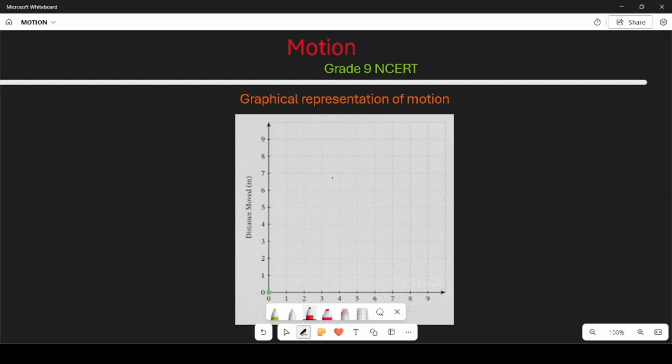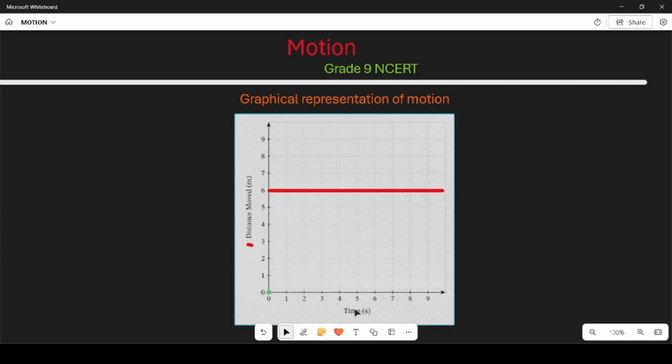So when an object is at rest, you can draw a horizontal line which is parallel to the time at any given point on the y-axis, which is the distance moved in meters, or you can keep it in kilometers, etc. Make sure you have given distance moved and, in brackets, the units, and on the x-axis time and the units in the brackets.